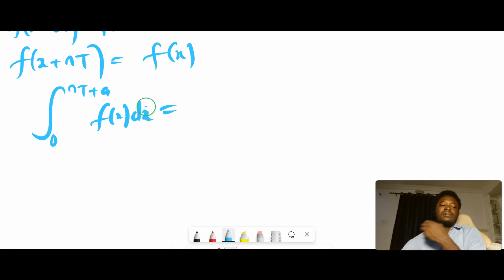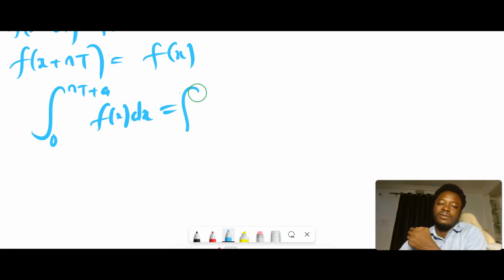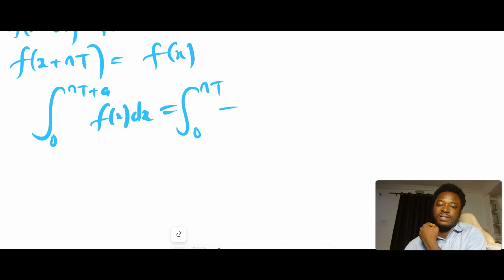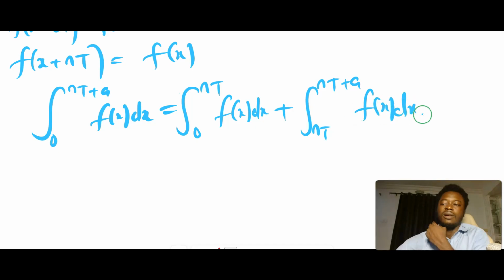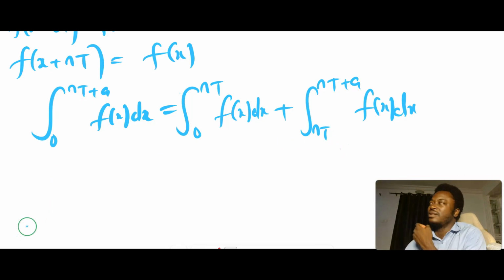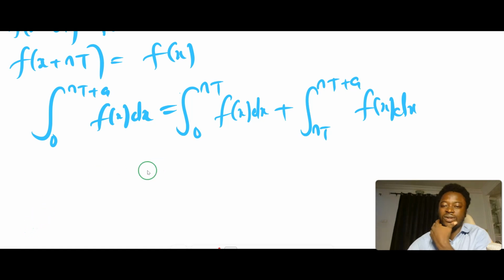What we need to do is write it as the integral from 0 to nT of f of x dx plus the integral from nT to nT plus a of f of x dx. Yes, we are correct in breaking it down.